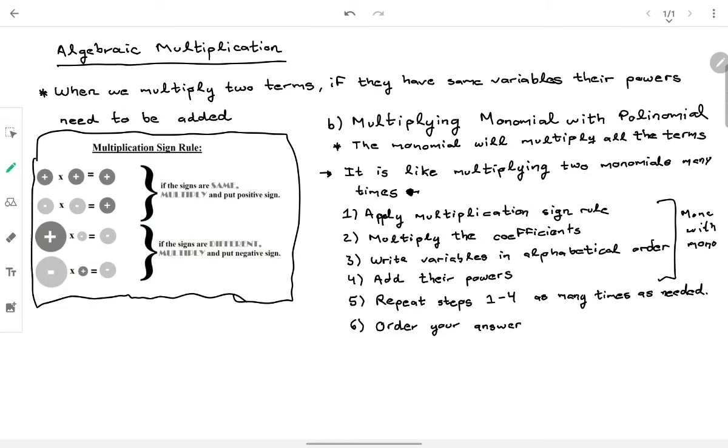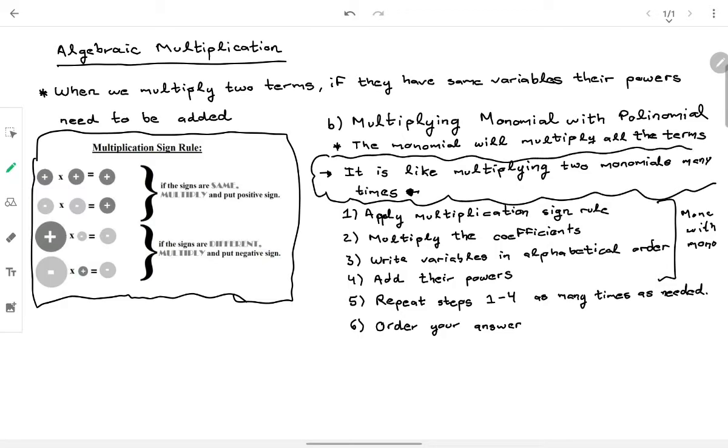You will repeat steps 1 through 4 as many times as needed. So that's why I was telling you, it is like multiplying two monomials many times.